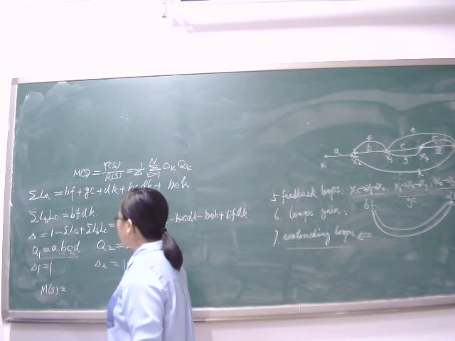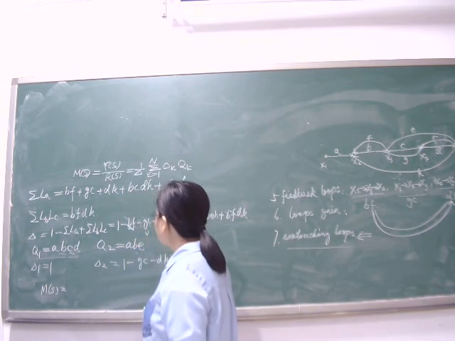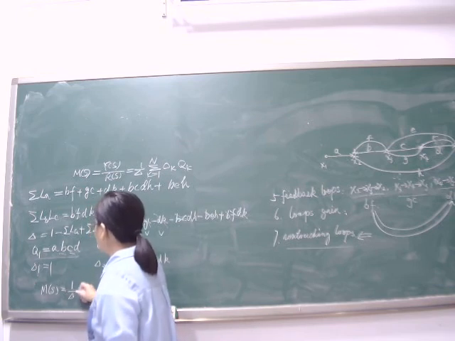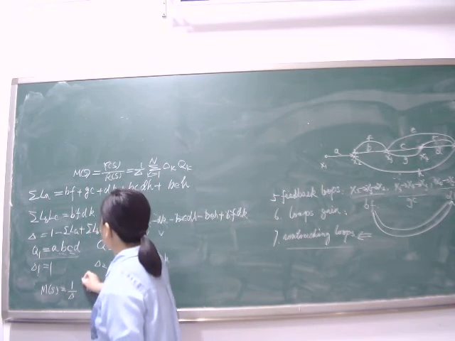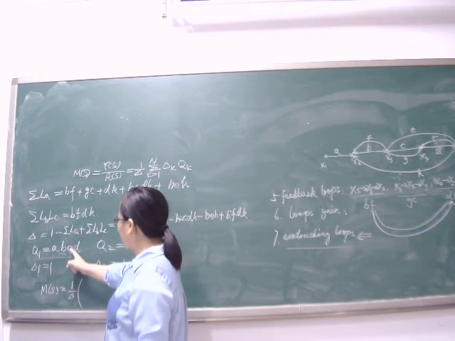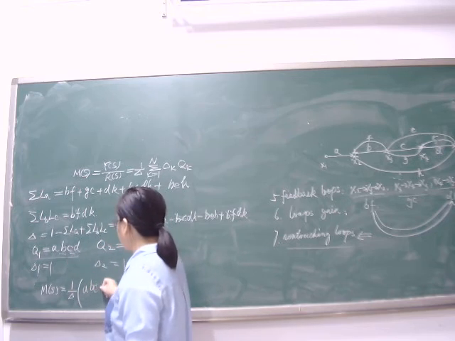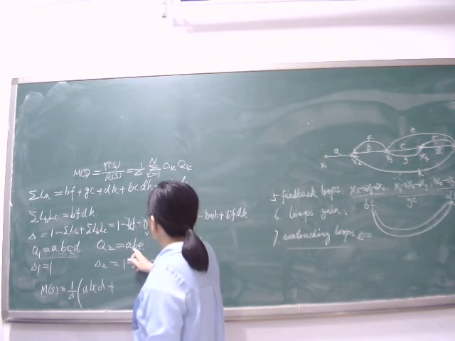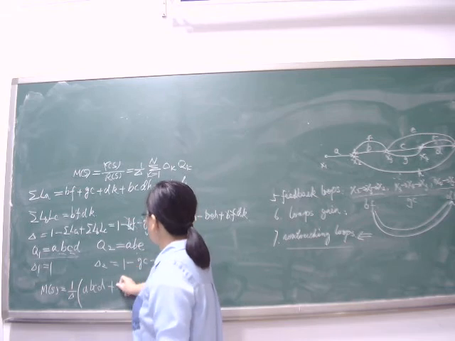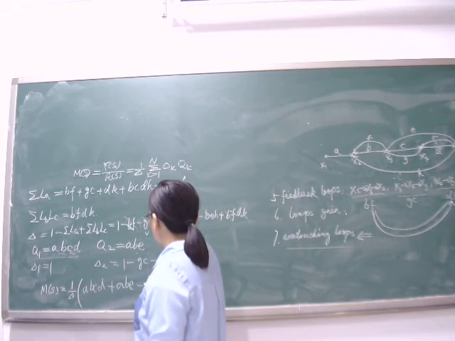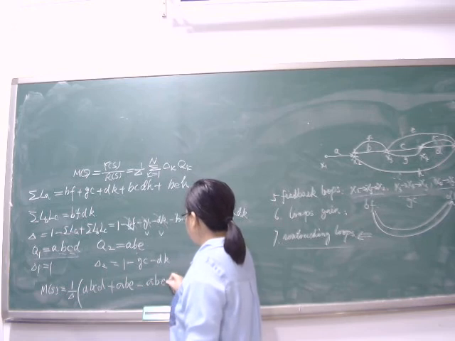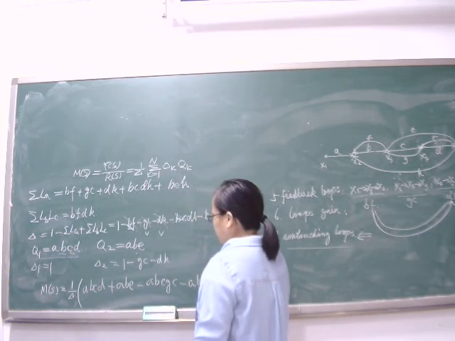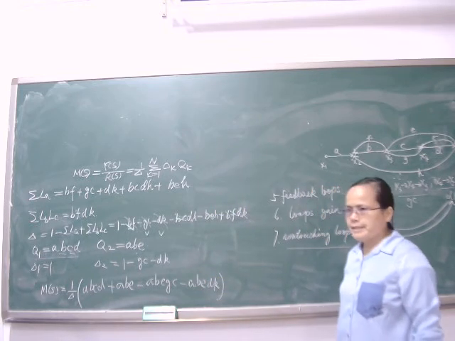So by the Mason formula we can get this equal to delta 1 times P1, A, B, C, D, plus A, B, E times delta 2. This is A, B, E minus A, B, E, G, C minus A, B, E, G, K. So this is the transfer function.